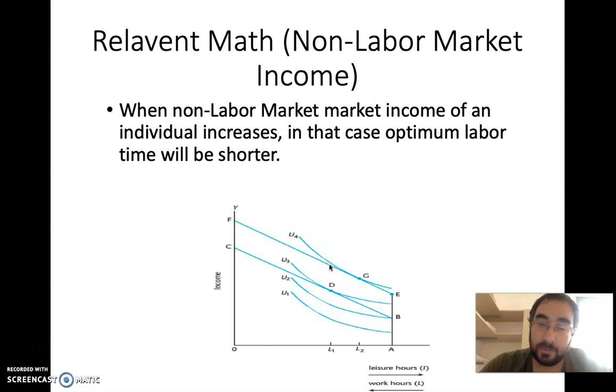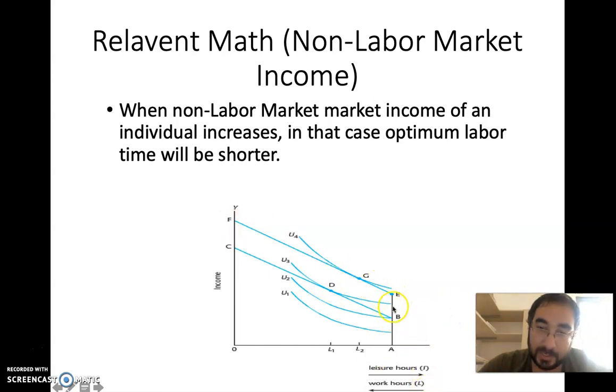That means per unit of leisure time, our worker is willing to give more income, because income becomes less valuable for him. He has more income if he works, or she works, at the same number of hours. But the wage is the same.